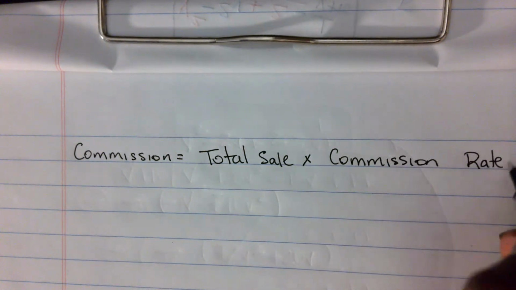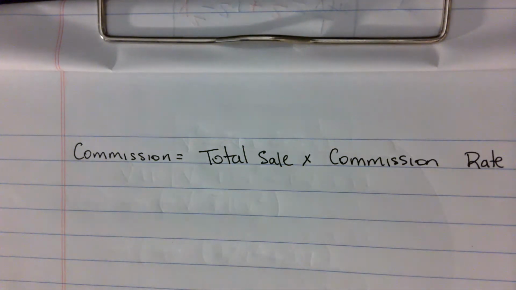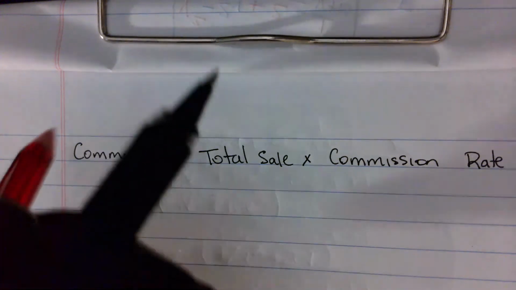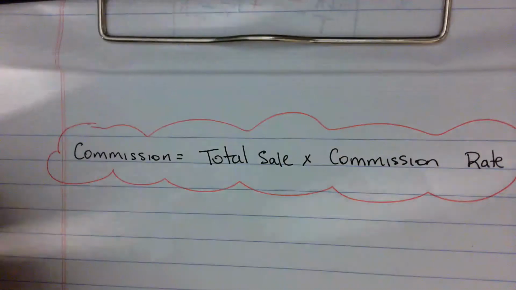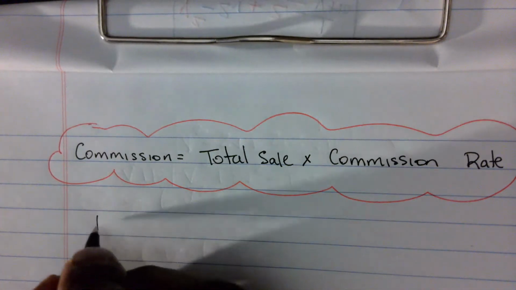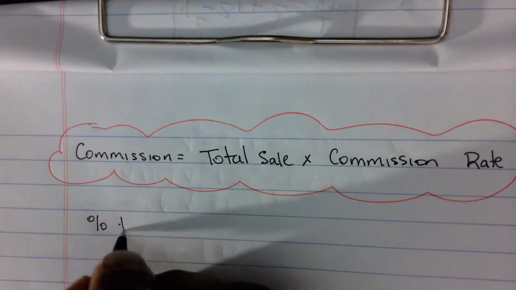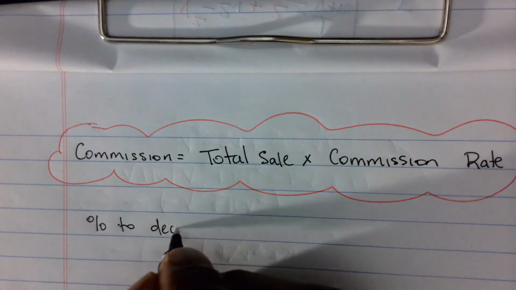All right, so for this part of the work, one of the most important things that we're going to have to be able to identify is how to convert a percentage to a decimal.